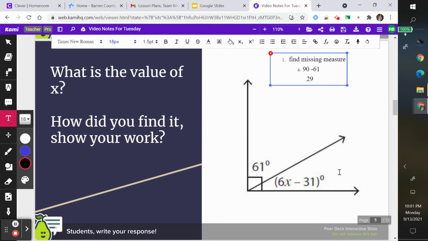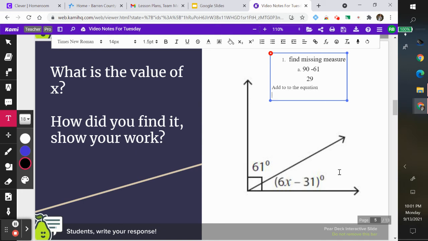Then what I'm going to do is take what I know and put it in the equation. It's not letting me put it in the equation, but we're going to try it anyway. Okay, so add to the equation.